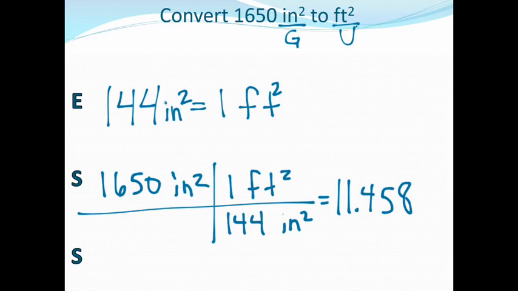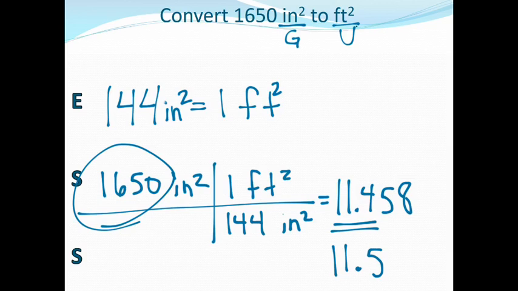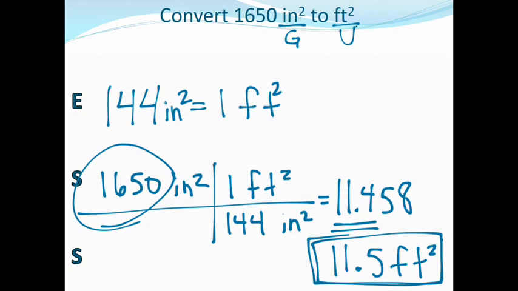But looking back at my given, this had 3 sig figs, so I'm really only trying to keep these first 3 sig figs. So my correct answer, correctly rounded, is 11.5 square feet. Simple conversion, you just need to make sure you know how to alter that equation.